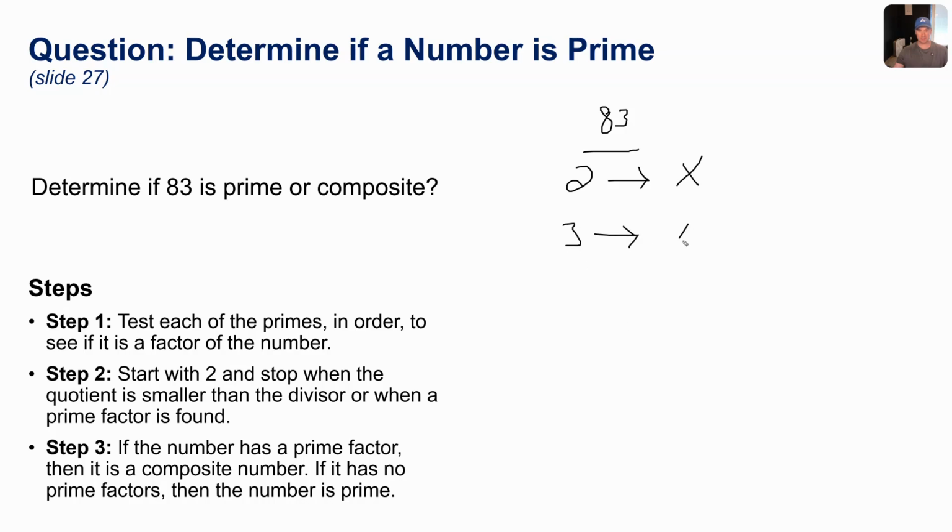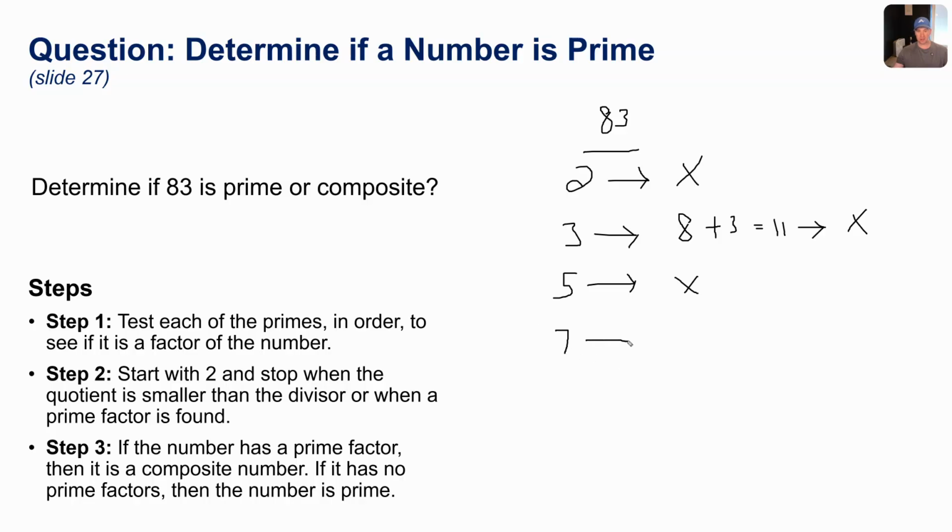This is the divisibility test for 3. If I do 8 plus 3, we get 11. And I ask myself, is 11 divisible by 3? And it's not, right? So put an X. Divisible by 5? Well, to be divisible by 5, it has to end in 5 or 0. It's not, so we could X it out.